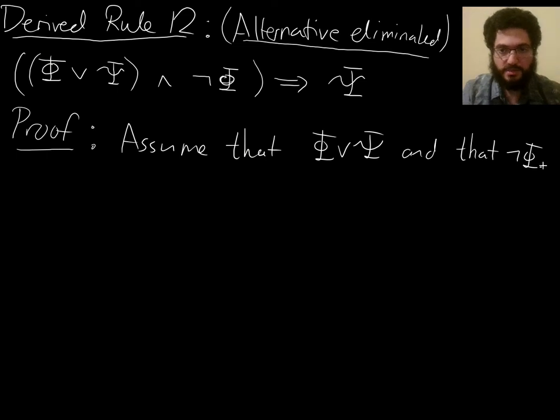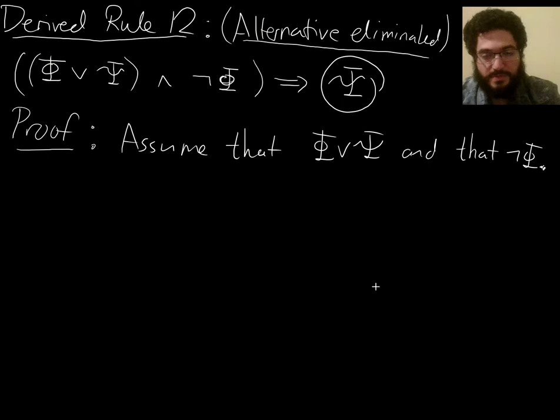I mentioned in the previous lecture that although there's technically a distinction between assume that phi or psi wedge not phi, and assume that phi or psi, and then go ahead and assume that not phi, we're not really making that distinction. Whether we view them as two separate assumptions or not, let's just not care about that, just for the sake of saving some words. So these are our assumptions. Then we'd like to prove psi. That's our goal.